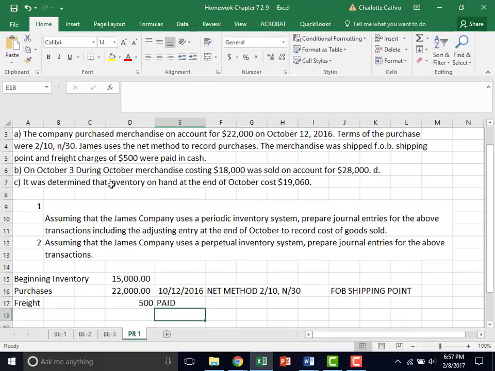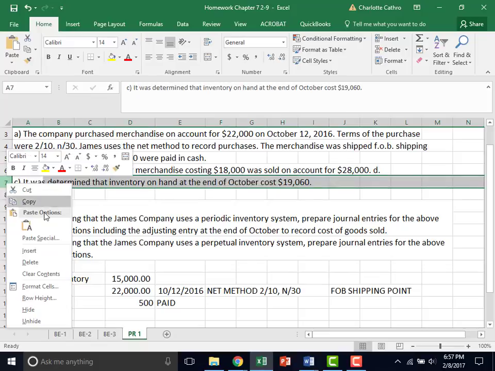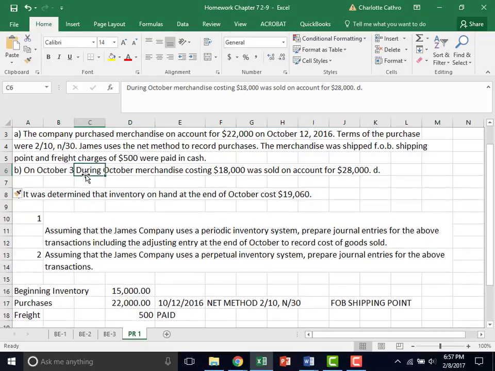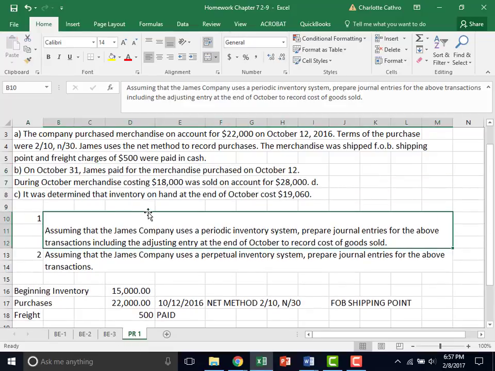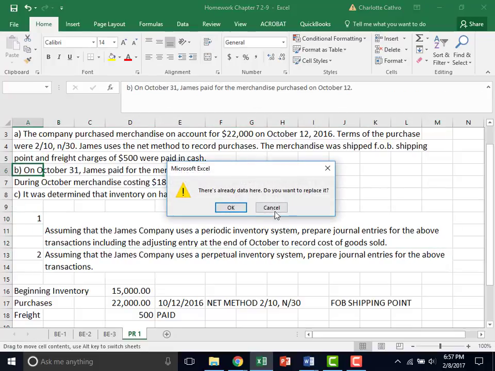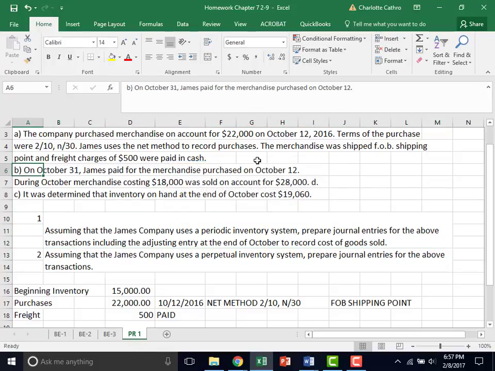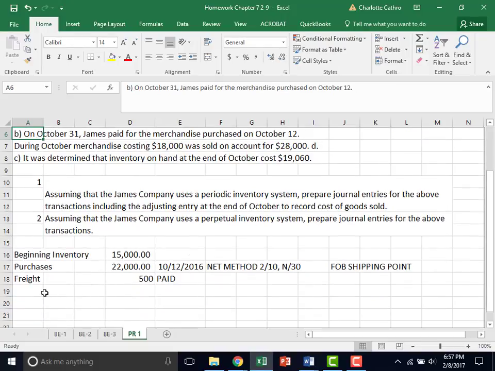On October 31st, we paid for the merchandise that was on Part A. So on 10/31, we paid for our purchases.